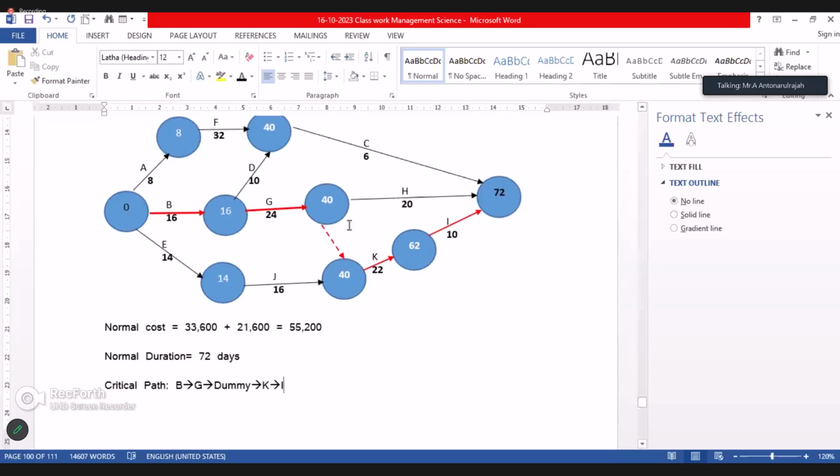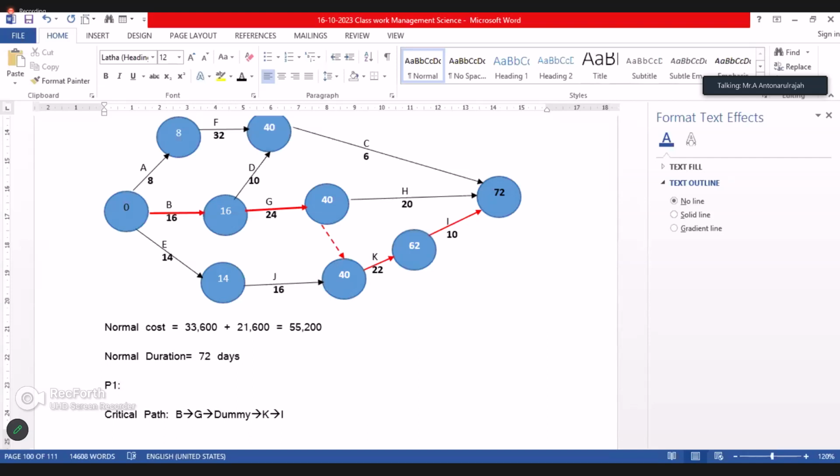Okay. So normally, paths are there in this diagram. How many paths are there in this diagram? 5. So the first one, we will put P1.